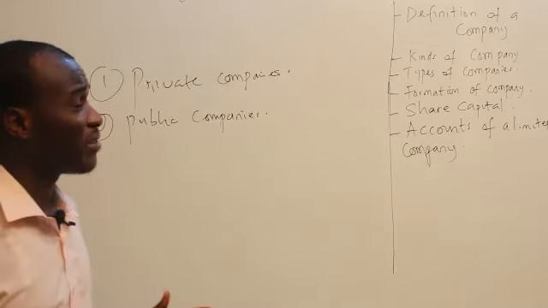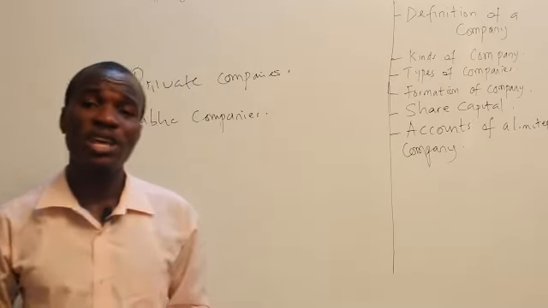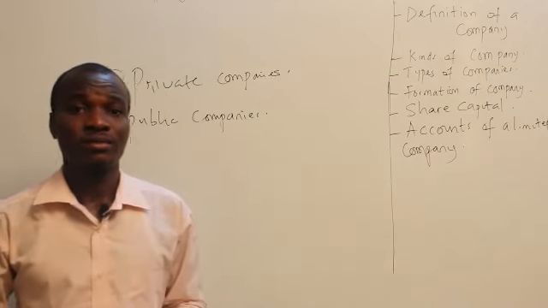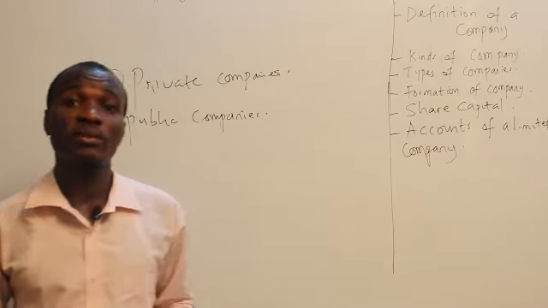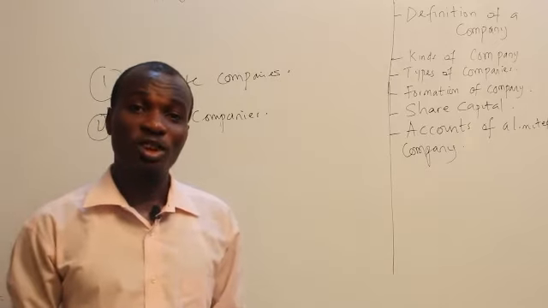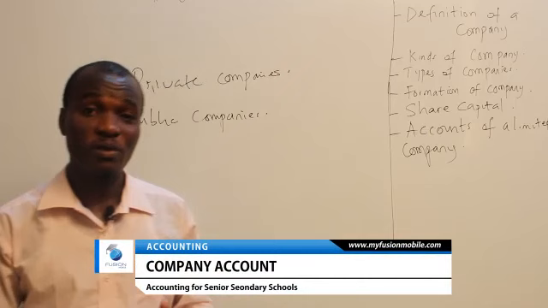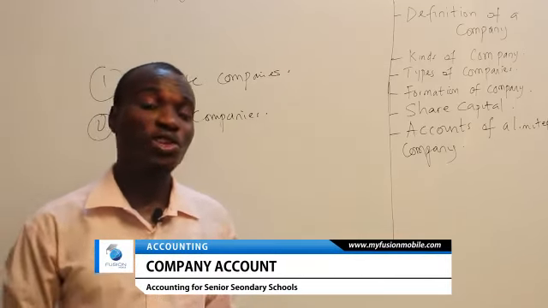When talking about private limited liability companies, these companies are usually formed for the purpose of carrying on a business, and the minimum number of shareholders in the company is 2, and the maximum is usually 50.